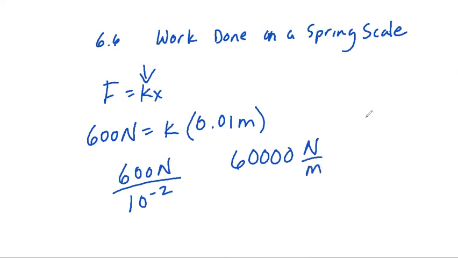Note this unit means this is basically the stiffness of a spring. Every meter that I displace this spring from its equilibrium position, I'm going to have to input 60,000 newtons. So this is a pretty stiff spring.